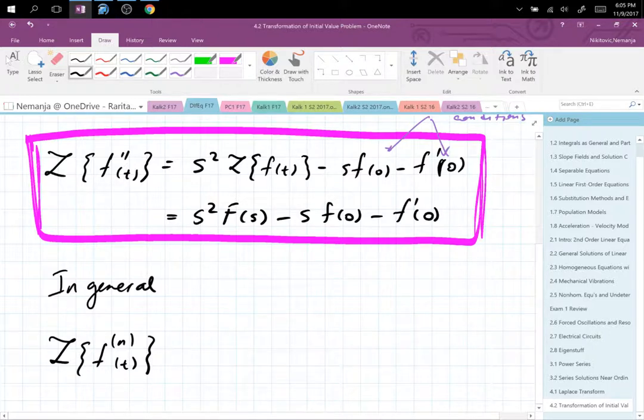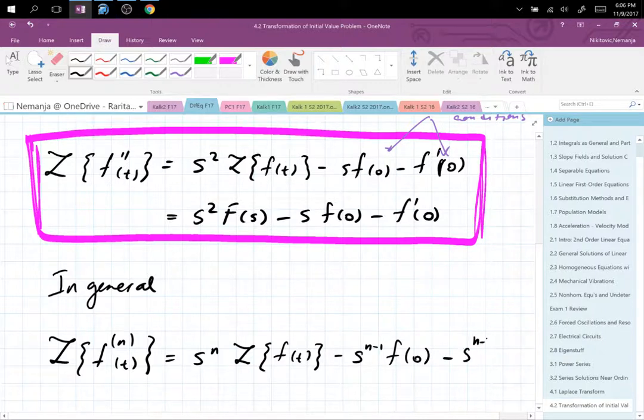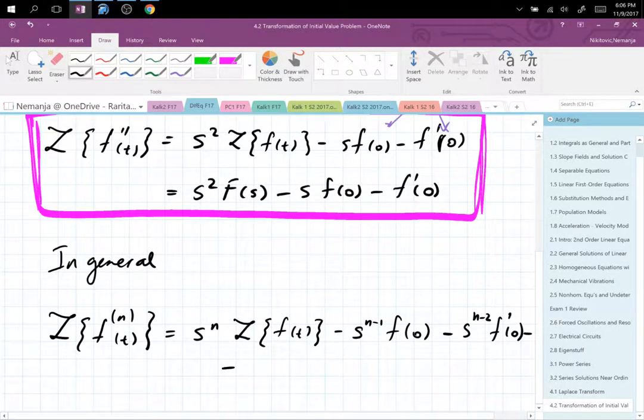So we have s to the n, which is the order of the derivative, times the Laplace transform of f of t, and then minus, and now you start subtracting, so s to the n minus 1 times f of 0 minus s to the n minus 2 times f prime of 0 minus, and this goes forever.